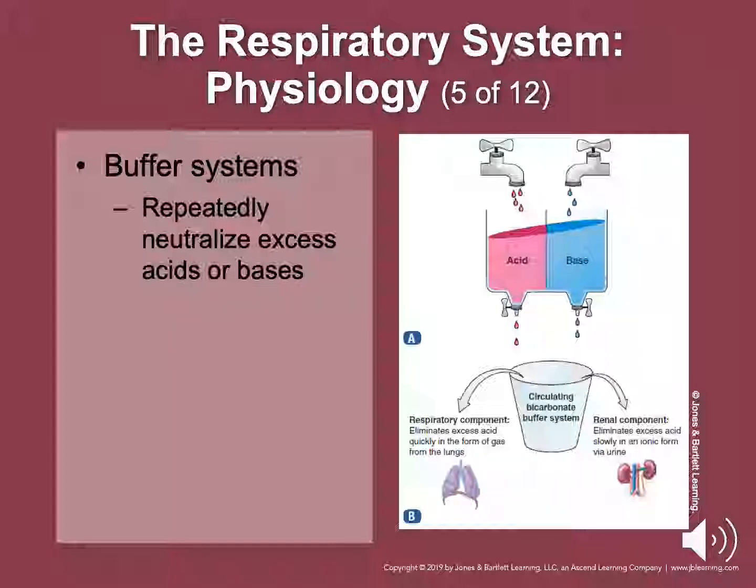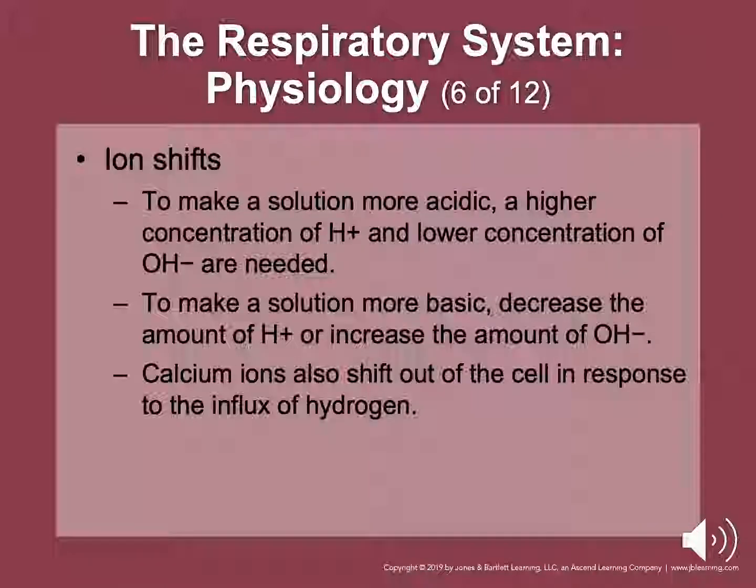Calcium ions also shift out of the cell in response to an influx. There are three main components to the buffer system: the circulatory bicarbonate buffer component, your respiratory component, and the renal component. The circulatory bicarbonate buffer component holds and neutralizes excess acid.